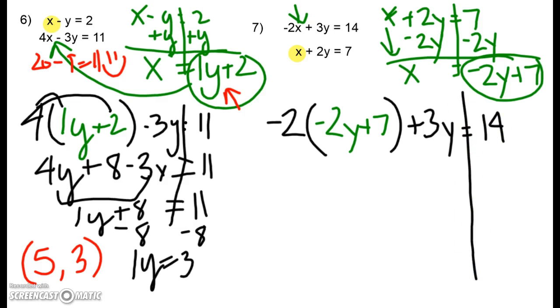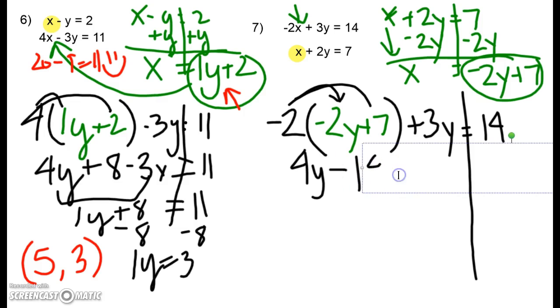Now I'm going to solve for y. So again, my whole point was to get it to be all x's or all y's. It happened in both of these that it turned out to be all y's. So negative 2 times negative 2y is 4y. Negative 2 times 7, negative 14, plus 3y equals 14.